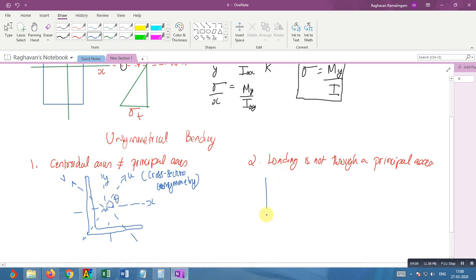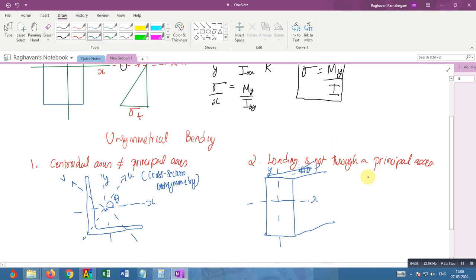The other case is even if you have a symmetric cross section. Okay, this is the cross section, but your load is not acting vertically, perpendicular to this. Instead of acting perpendicular to this, it's acting like this.